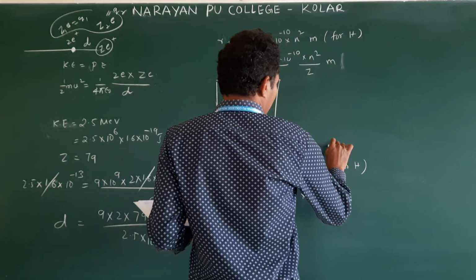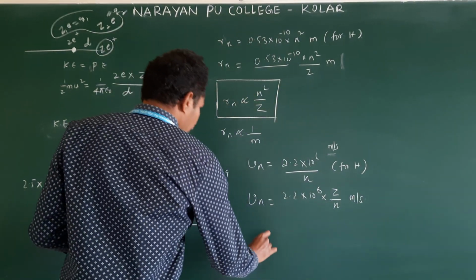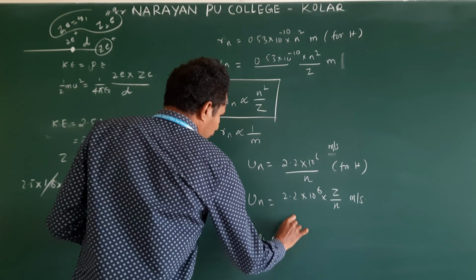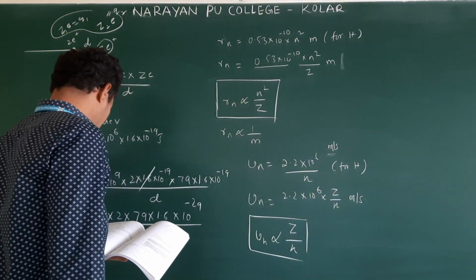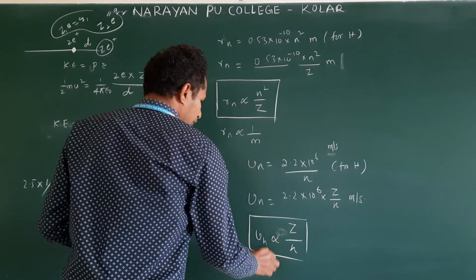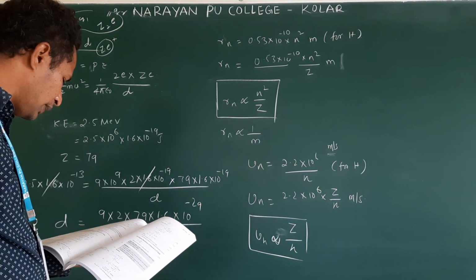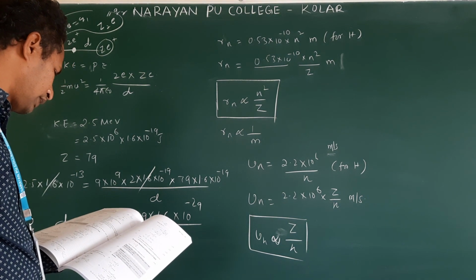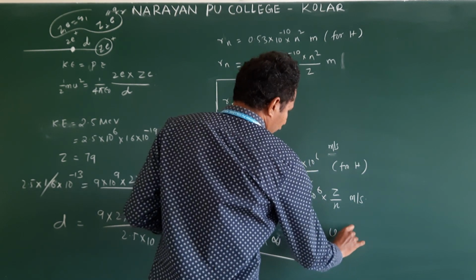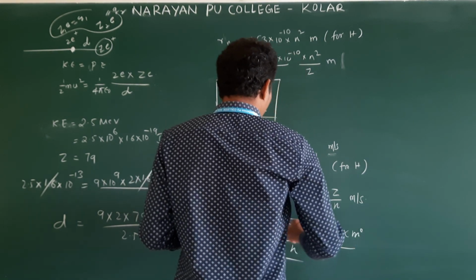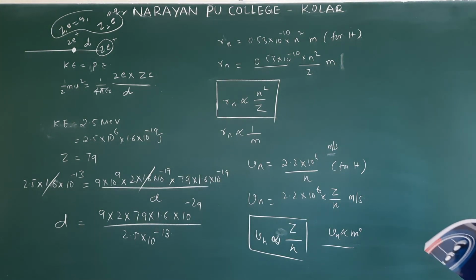The unit is meter per second. The relation is Vn is proportional to Z by n. Vn is independent of mass. In the Vn relation you don't find mass.